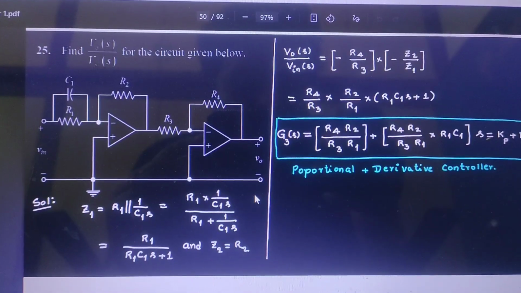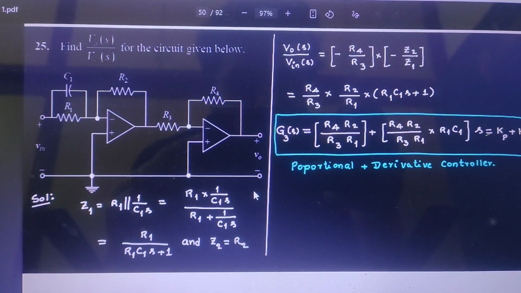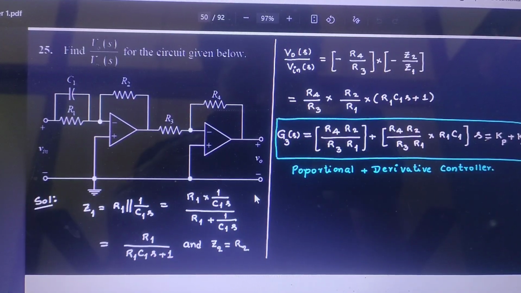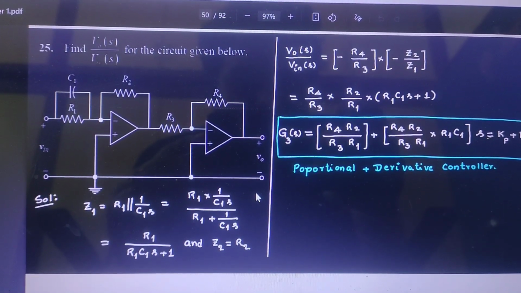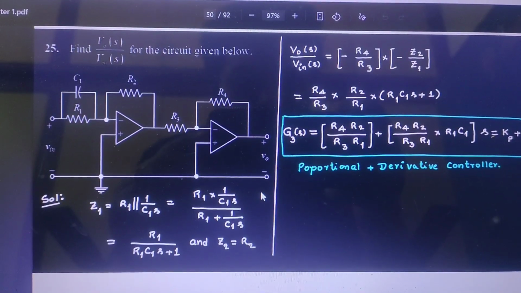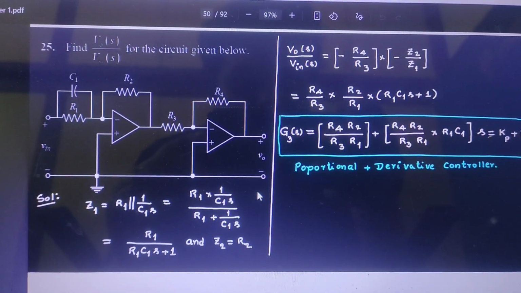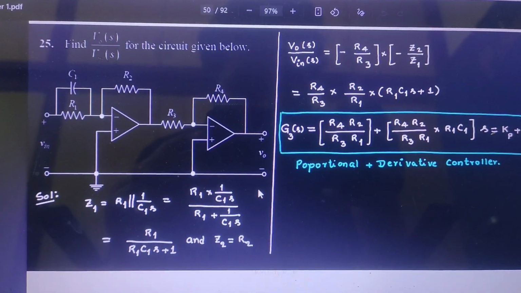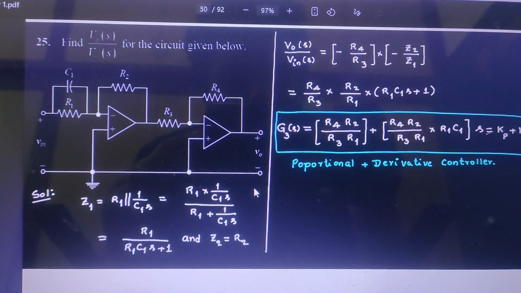So output voltage by input voltage is minus R4 by R3 into minus Z2 by Z1. Here Z2 is R2 and Z1 is R1 parallel with C1.